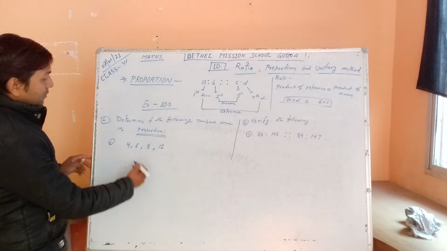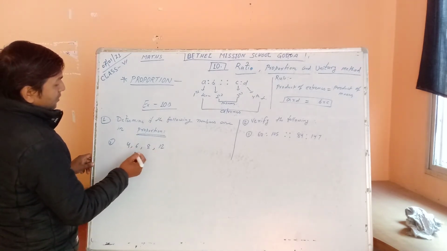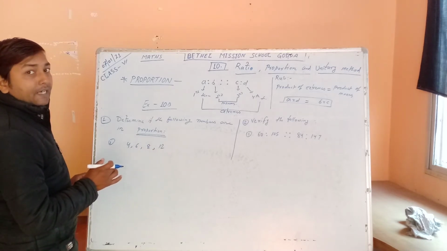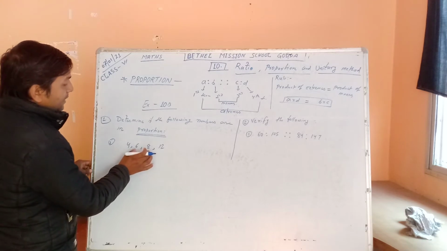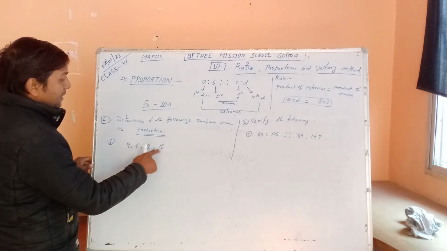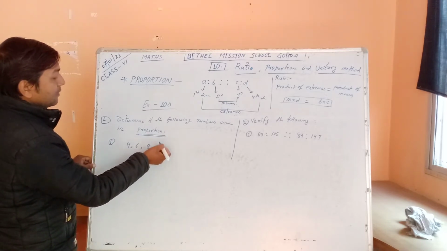So you know the extremes. 4 and 12 are extremes and 6 and 8 are means. Okay, first term into fourth term, these are called extremes.